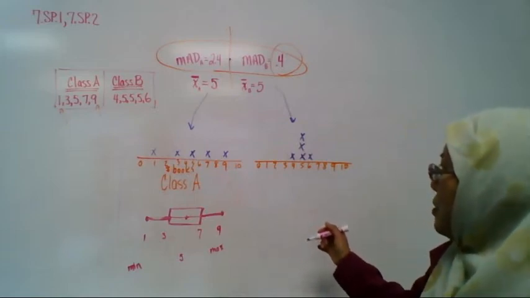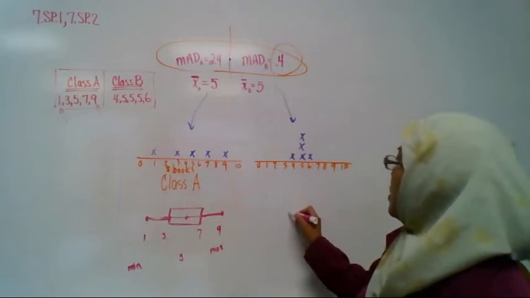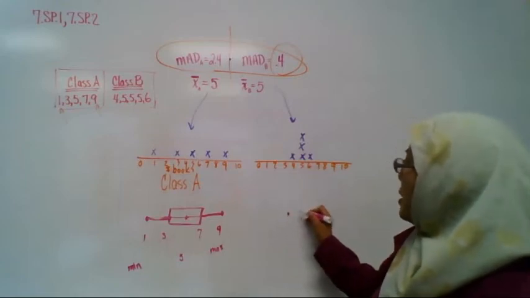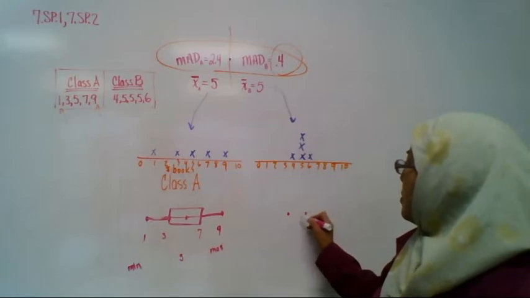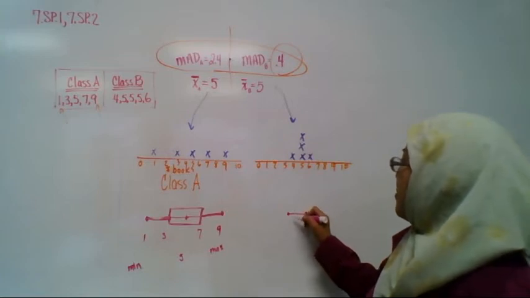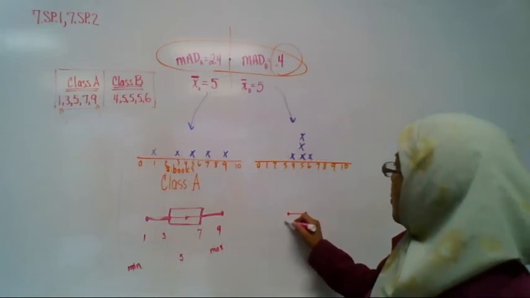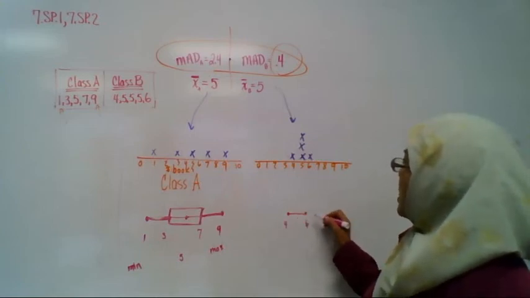Don't worry about that. Alright, and then over here we'll do the same thing. So now, this is interesting. How are you going to plot this? You would say your minimum is 4. Your maximum, oh, this is going to be funny. That's going to be different. Okay. Minimum is 4. Maximum is 6.